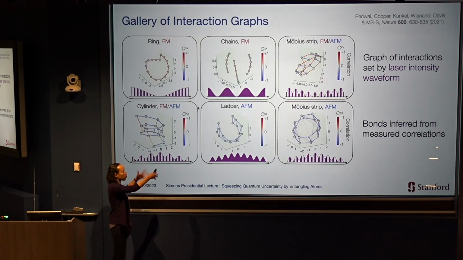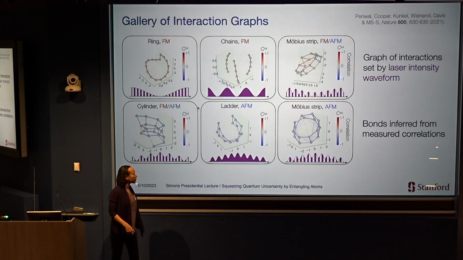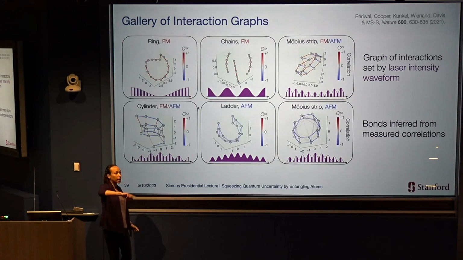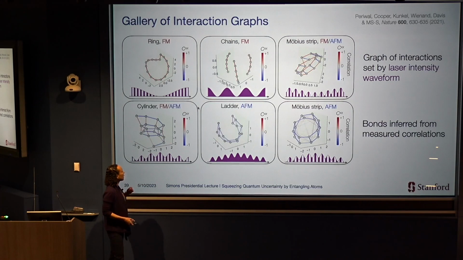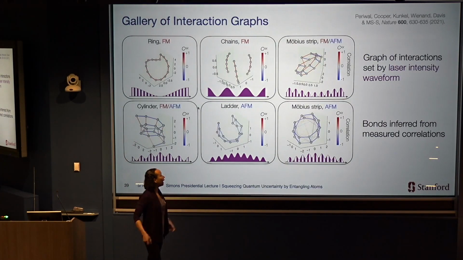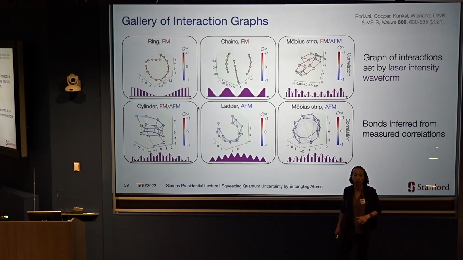What I've shown here is a gallery of some of the different graphs of interactions between these atoms that we can build up in the lab, where essentially by controlling some modulation of the intensity of the light, which dictates which frequencies are present, we can control at which distances these atoms are allowed to interact. So even though physically they're in a one-dimensional line, I can connect them as though it were a ring. If I modulate the laser in the right way, I can also connect them as though it were a Mobius strip or a cylinder. And all of these pictures are directly reconstructed from experimental data.